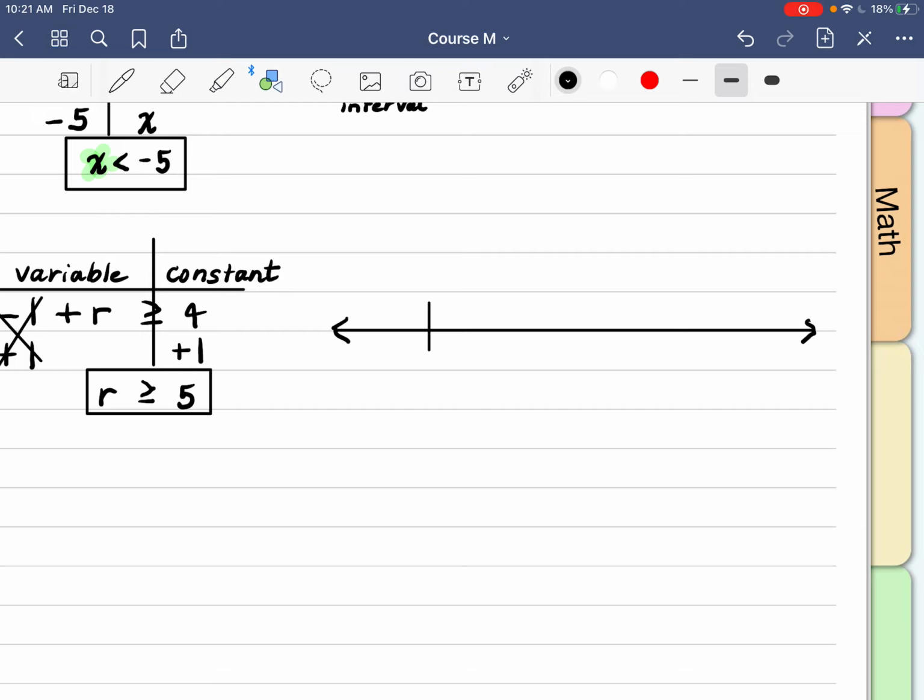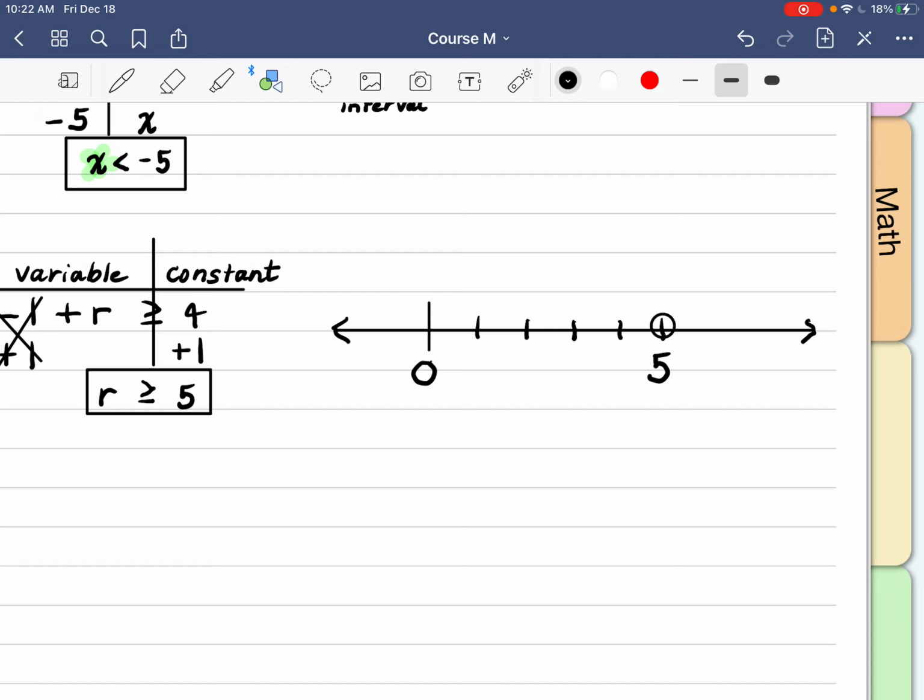Let's put our 0 down as a reference point only. And this time we're dealing with a positive 5. So we're going to count 1, 2, 3, 4, 5 above 0. And this is where you draw your circle because that's your solution.